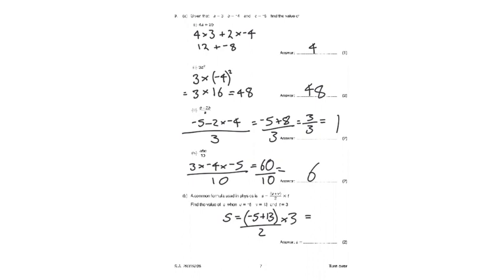Brackets first, -5 plus 13 is 8 over 2 times 3. 8 over 2 is 4. 4 times 3 is 12. There we go.